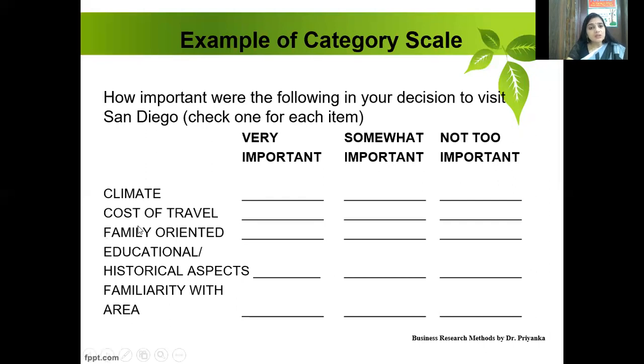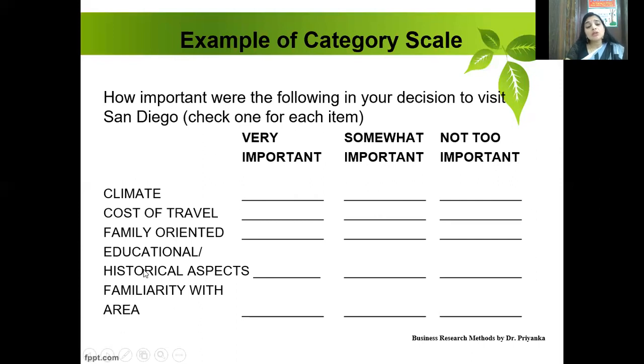Then cost of travel. Yes, if I earn very good, then I might not feel it important. That might be not too important. But maybe if I'm not earning much, but I want to travel to the country, then I will be checking it, and it would be very important for me. And for some people it is somewhat important, not much important, as compared with other parameters. So they can even mention somewhat important.